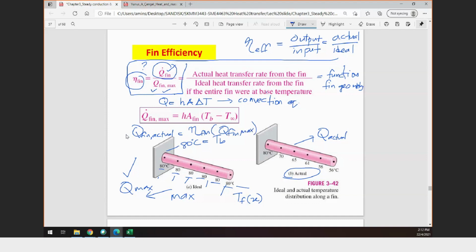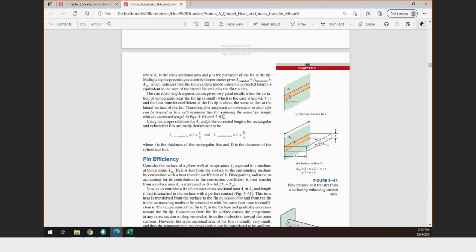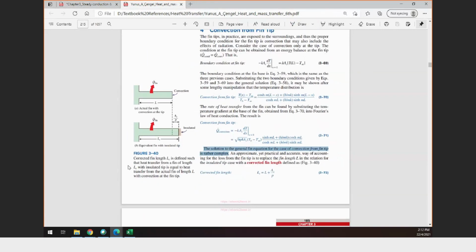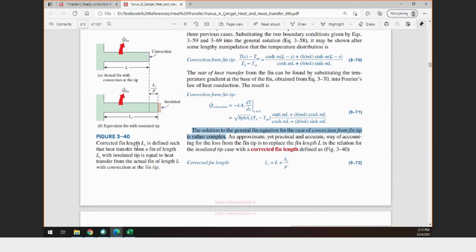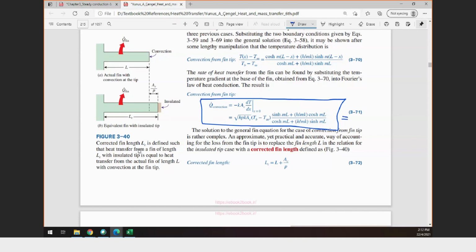This is the reason why you learn about fin efficiency. It is used to calculate actual heat transfer without using this long equation. Otherwise, you have to use this one, this long equation. Whatever you calculate using the equation from yesterday equals Q actual.